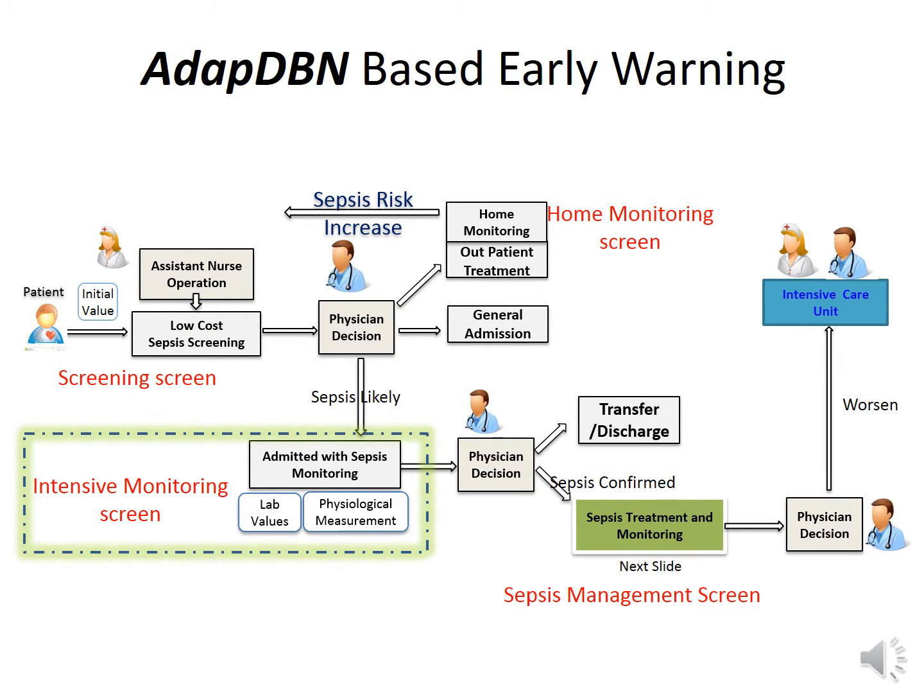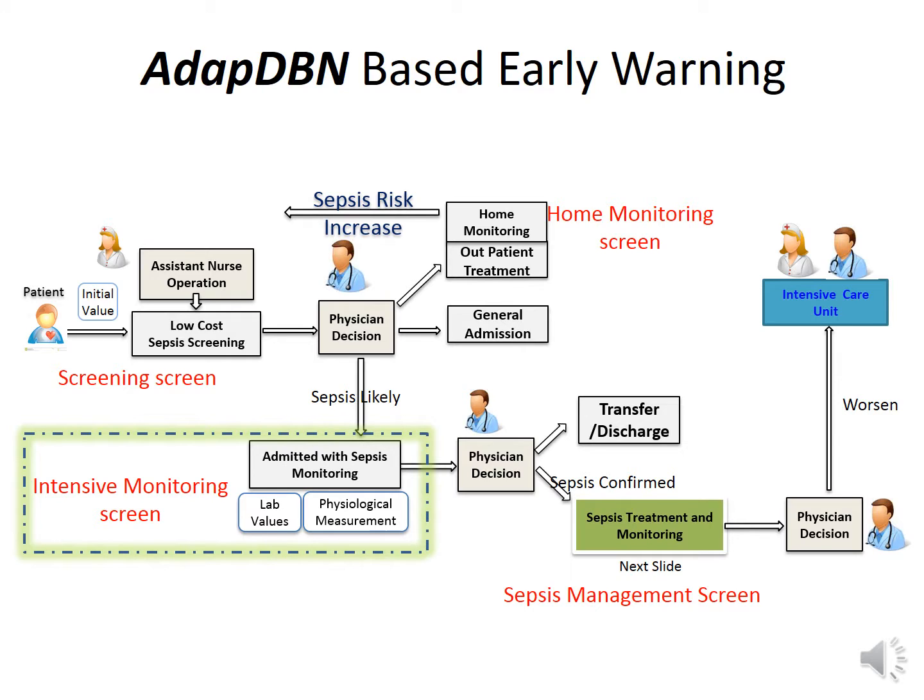Based on the adaptive DBN, we can design an early warning workflow. When a patient comes in, it will do some low-cost sepsis screening with the assistance of nurse operations. If the values indicate sepsis is likely, then our adaptive DBN-based screening will be triggered.